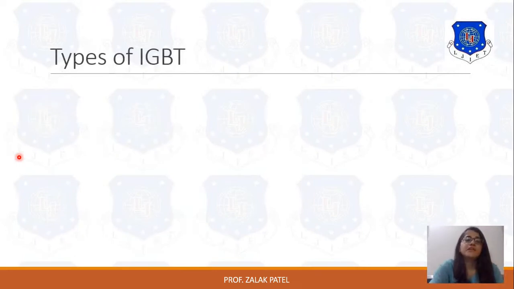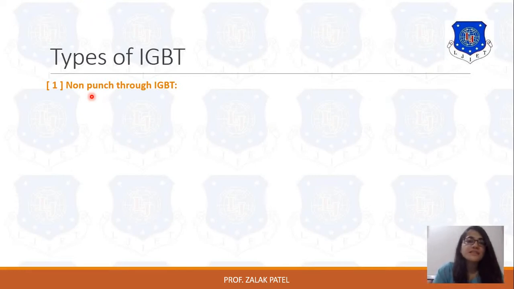Next is types of IGBT. The first type of IGBT is the non-punch through type IGBT. Here, punch through and non-punch through IGBT depend on the N plus layer. In the construction we have seen that the N plus layer is nothing but the buffer layer. So when this N plus layer is absent, it is called a non-punch through IGBT, and when the N plus layer, meaning the buffer layer, is present, it is called a punch through IGBT.